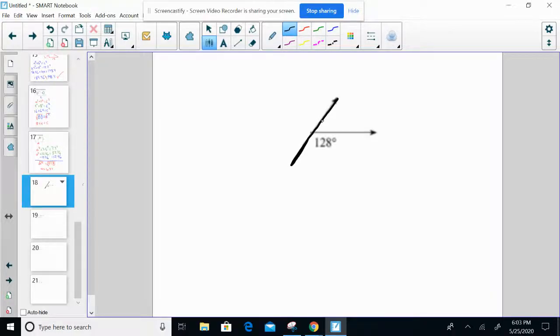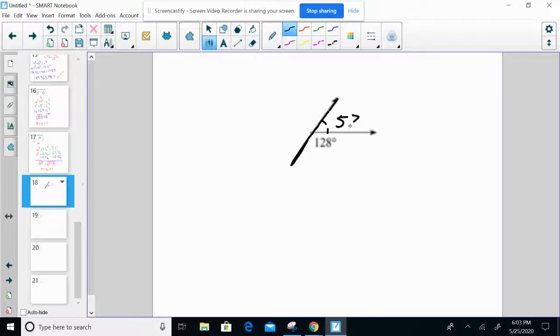This angle has to add up to 180 with 128. So take 180 and subtract 128. That would be 52. So this angle has to be 52 degrees.